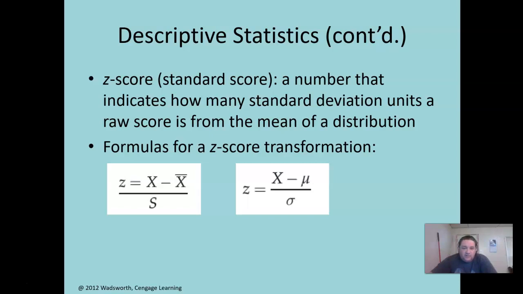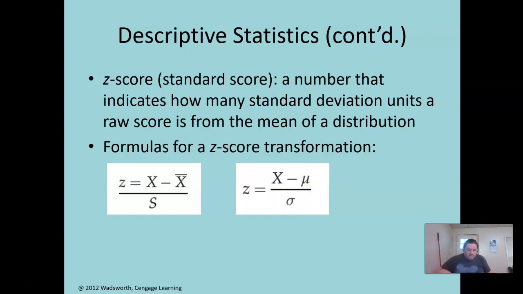The formulas for a z-score transformation are z equals x minus the mean of x, over the standard deviation, or the standard score, z equals x minus mu over the population standard deviation. So x minus the mean for the sample over the standard deviation.